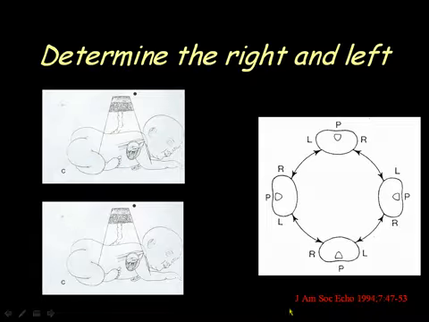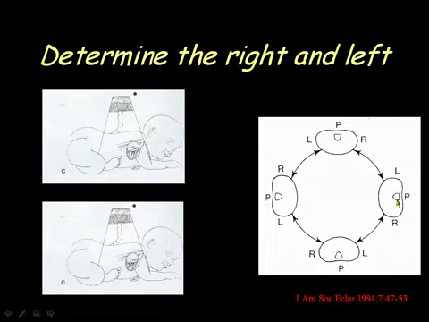This is a diagram that I took from this article in the Journal of the American Society of Echo, showing how to decide about the situs of the fetus. Basically, you put the baby in a longitudinal plane with the head of the baby to this side of the screen in front of you, and then from there you rotate 90 degrees, and then you will be able to see the baby in an axial plane, and you will see one of these pictures.